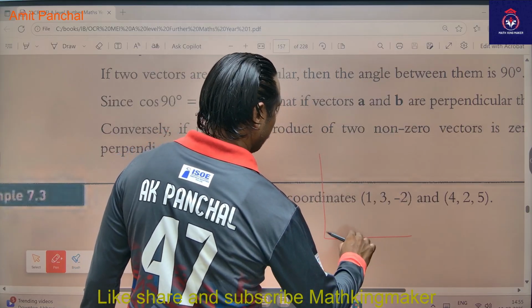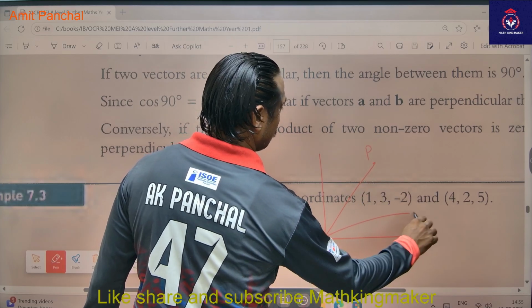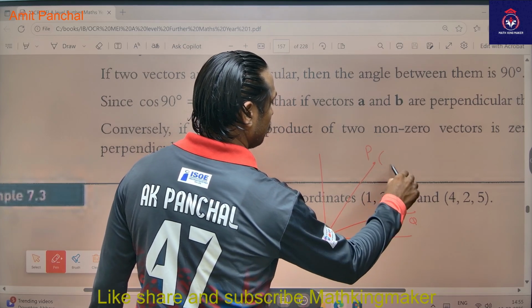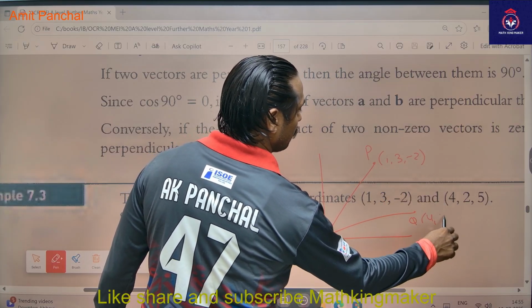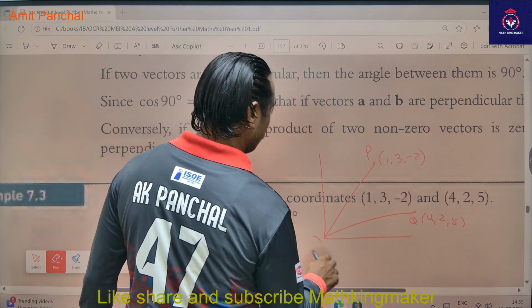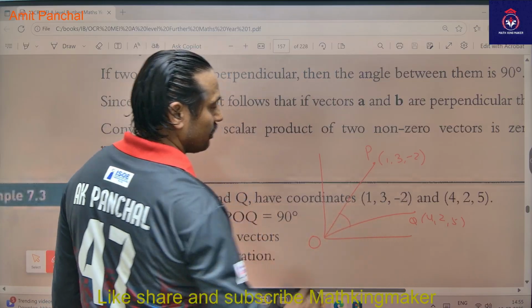Let us say this is your P, this is Q. So P is 1, 3, minus 2 and Q is 4, 2, 5, and this one is your origin. So you need to prove that this angle is 90 degrees.